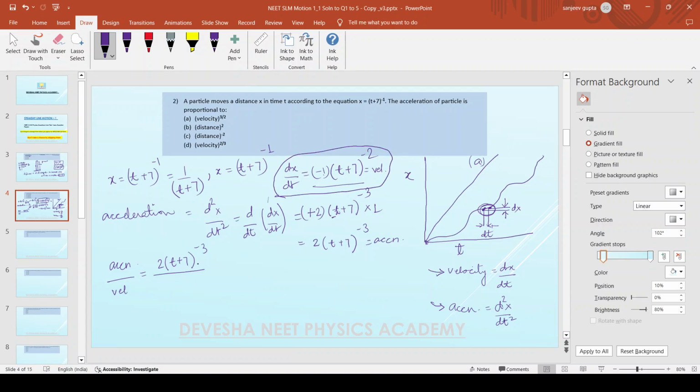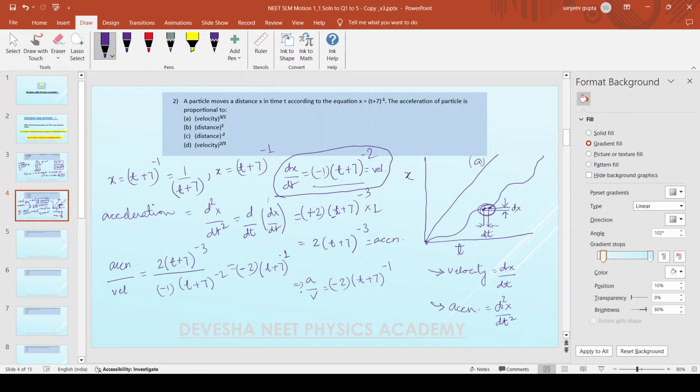Velocity is this, so it is minus 1 into (t+7)^-2. So what will this turn out to be? This 2 by minus 1 is minus 2, and (t+7)^-3 divided by (t+7)^-2 gives (t+7)^-1. Okay, so acceleration by velocity is equal to minus 2 (t+7)^-1.